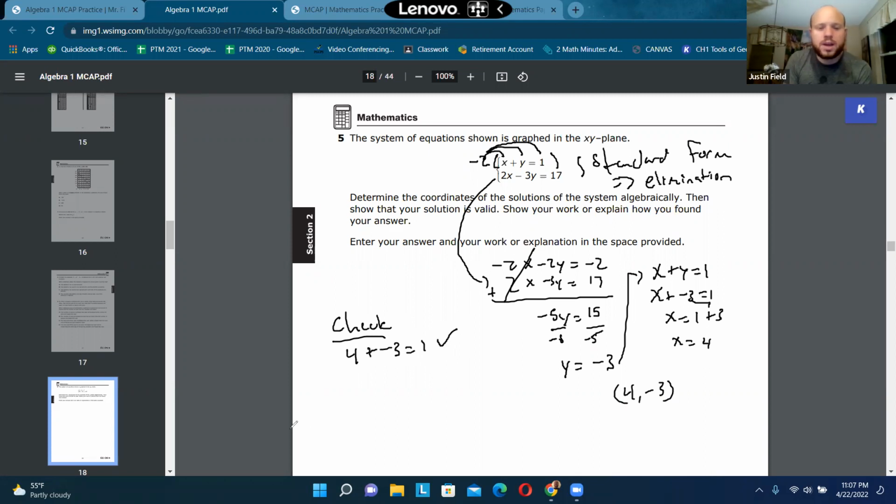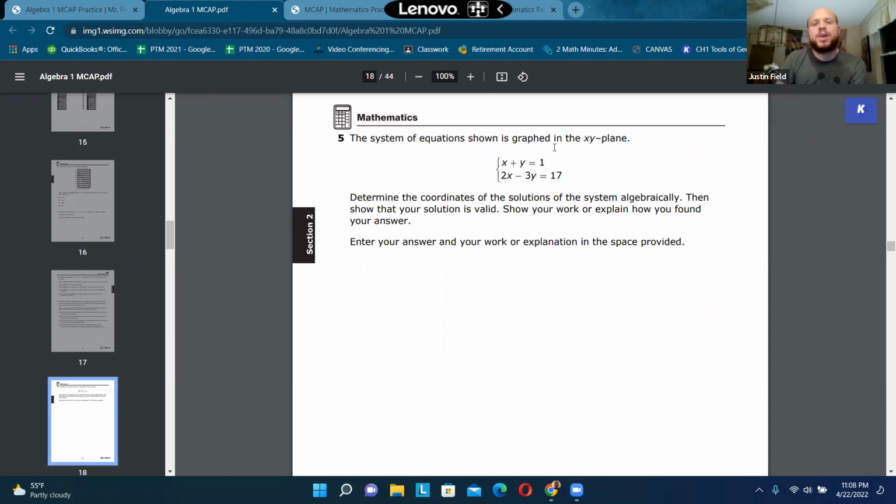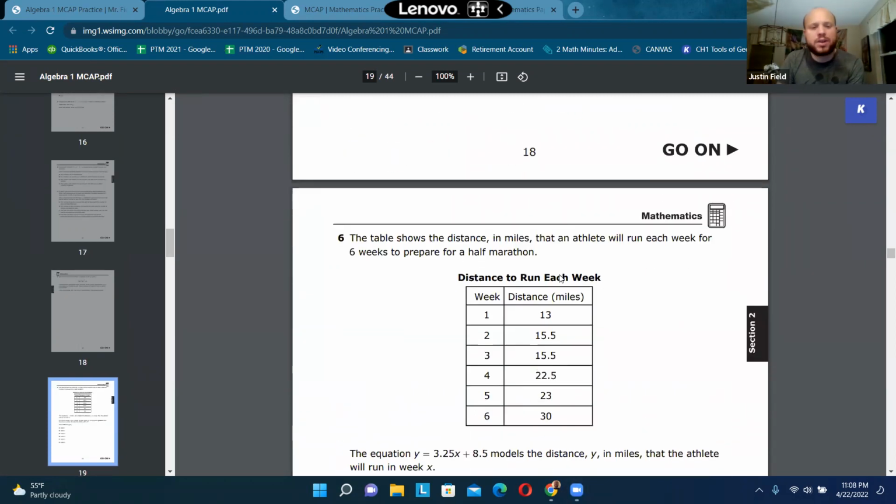Yep. And then the second equation, 2 times 4 minus 3 times negative 3. Does that equal 17? 8 plus 9, yes. So it checks.